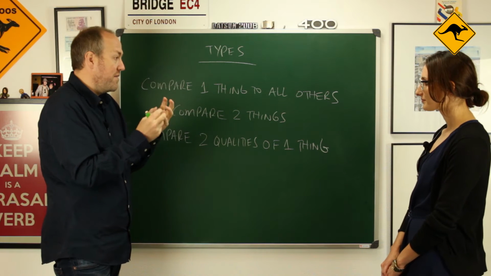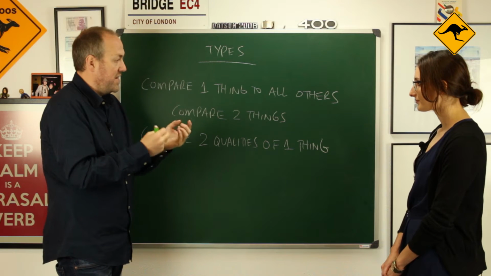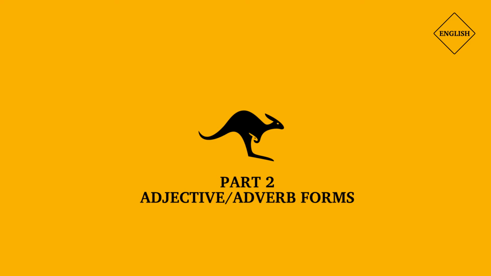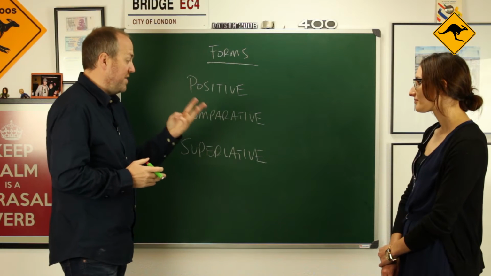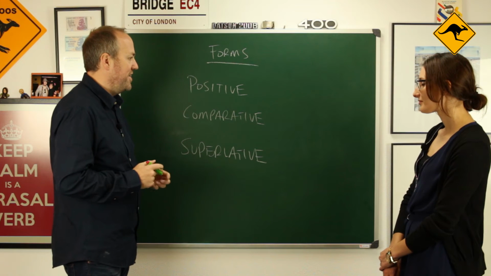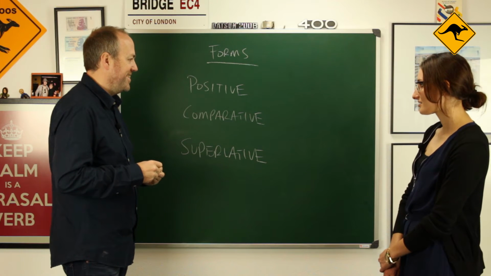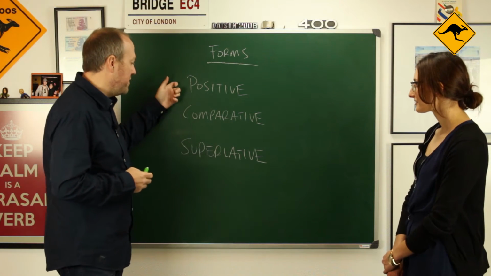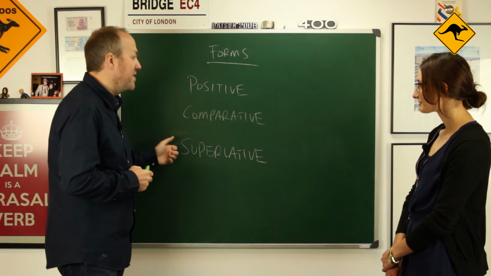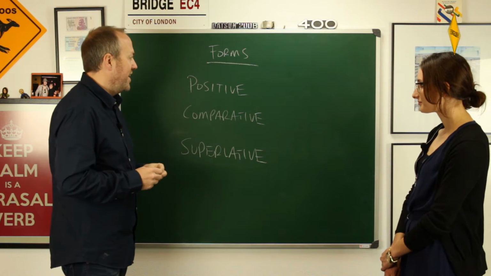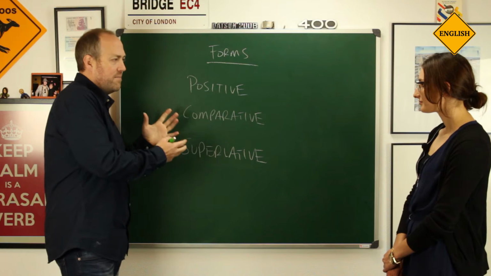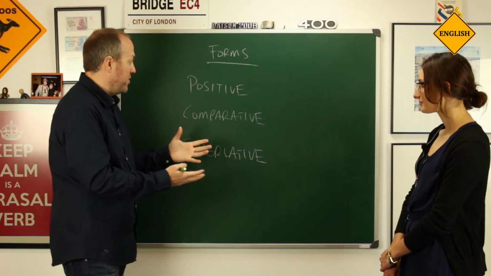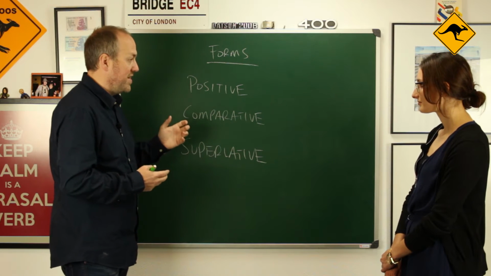First, we need to look at the different forms of the adjectives and the adverbs. Have you heard about the three degrees of comparison in English? Yes. So we have the positive degree, the comparative degree, and the superlative degree. And usually people explain comparisons using these three degrees.